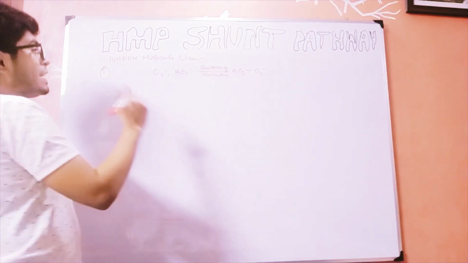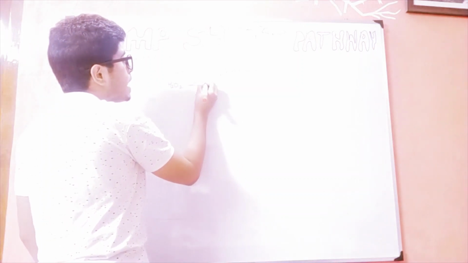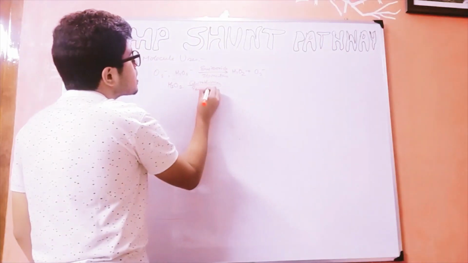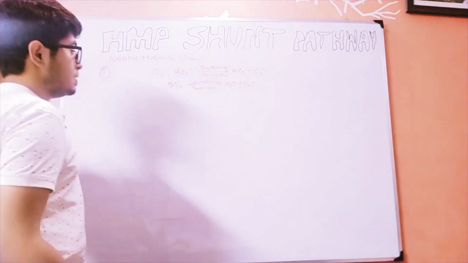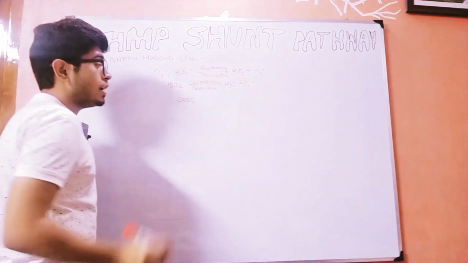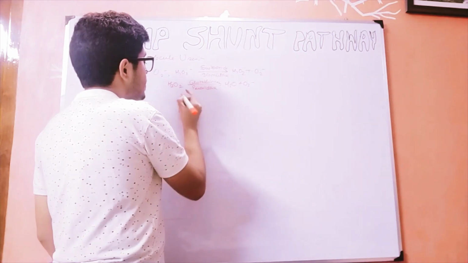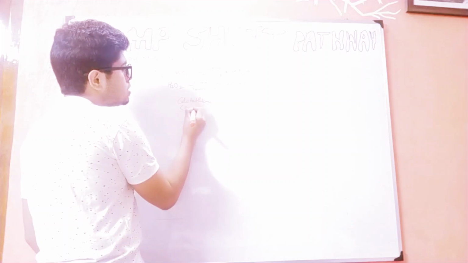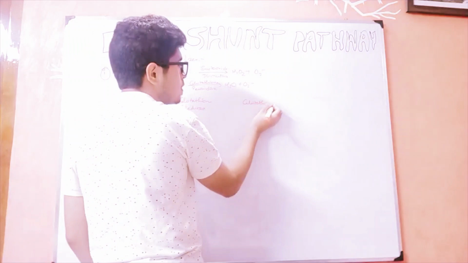Now, this H2O2 gets acted upon by glutathione peroxidase to form H2O. Here we have a molecule called glutathione, GSH, which is glutathione reduced, and GSSG, glutathione oxidized.